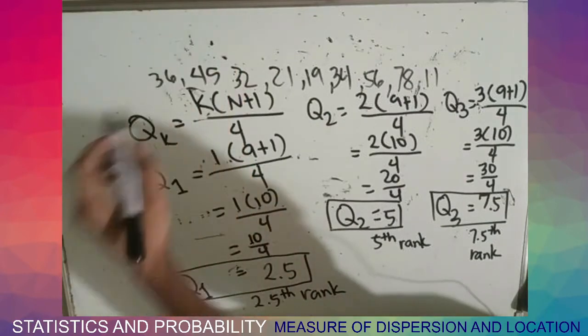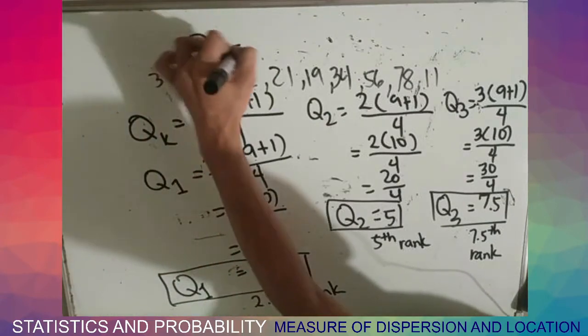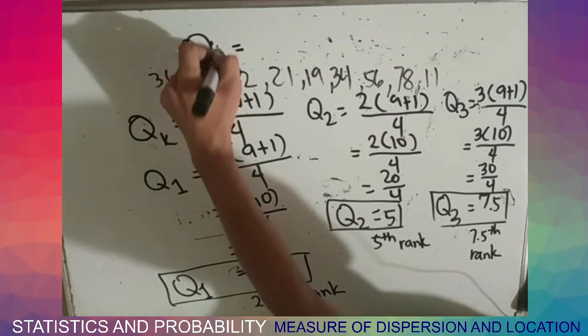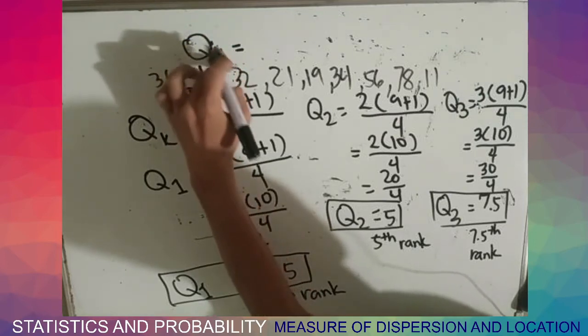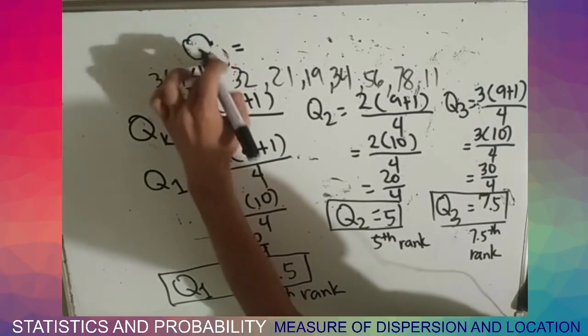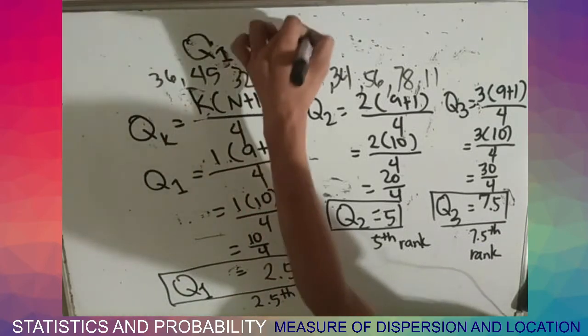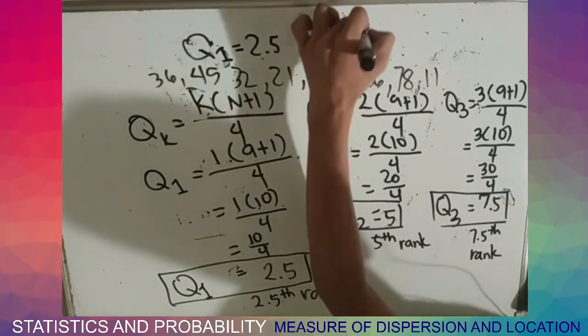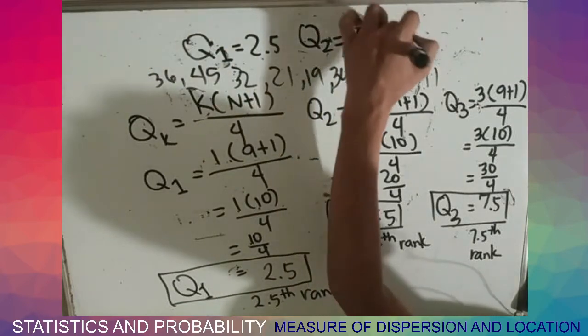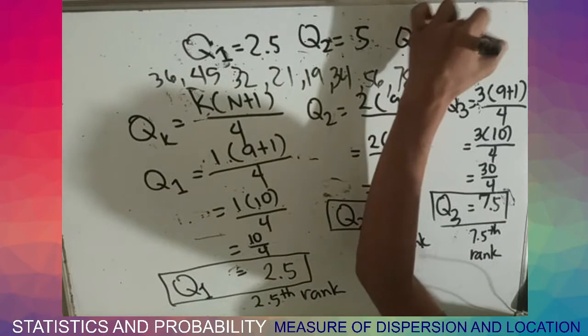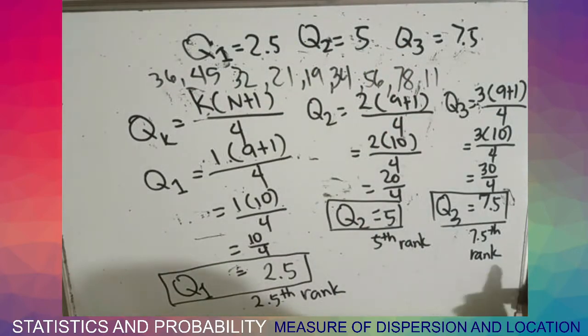Lagyan lang natin dito yung mga value ng ating quartile location para hindi natin malimutan: 2.5, Q sub 2 ay 5, Q sub 3 ay 7.5.